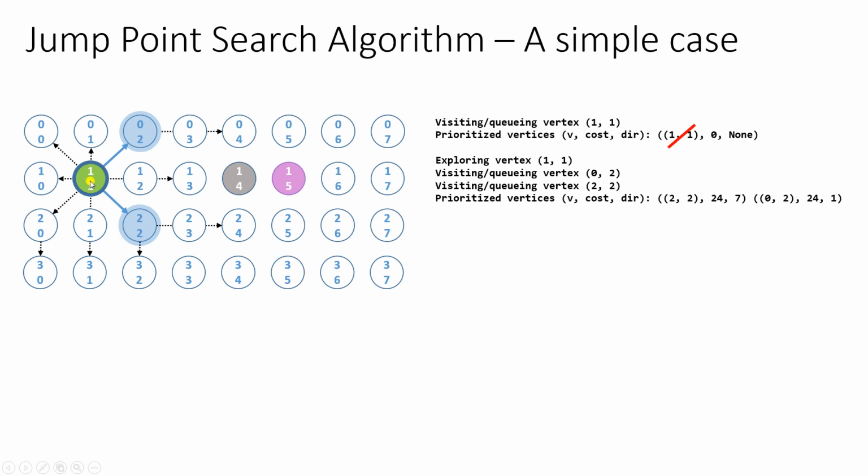While we go diagonally upwards from our start vertex, we find vertex 0, 2, and we could ask ourselves, what's so special about it?